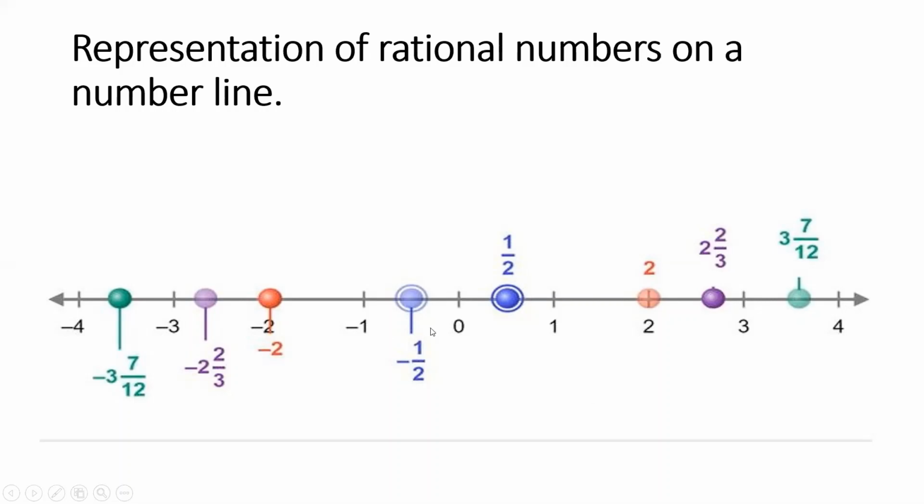It is same as that of representing fractions on the number line. Same here, because we are talking about rational numbers, you will have some negative fractions also that you have to represent on the left hand side of the 0.